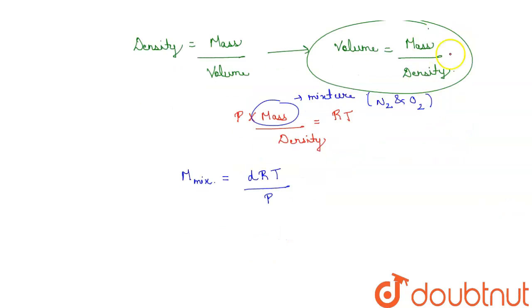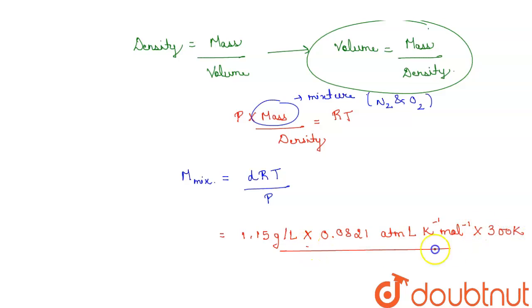Now let's start putting the values. The value of density is 1.15 gram per liter, into the value of R, 0.0821 atmosphere liter per Kelvin per mole, into 300 Kelvin, divided by 0.97 atmosphere.